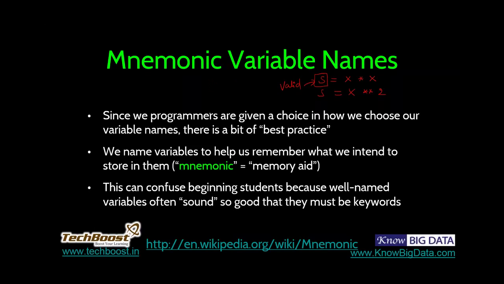So we would want to give the variable a memory-aided name, so people can remember and understand better what the variable is intending to do. We can give this the name square, and remember square is not a reserved keyword, so we can go ahead and use it as a variable name, and say square equals x into x. So this also we should keep in mind.